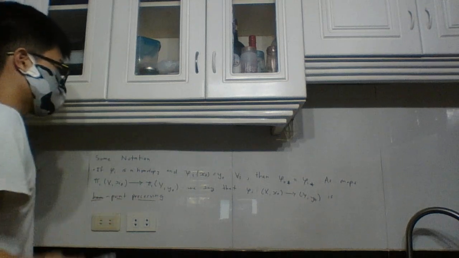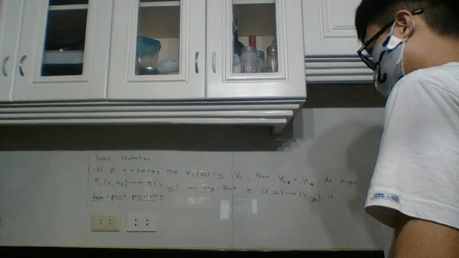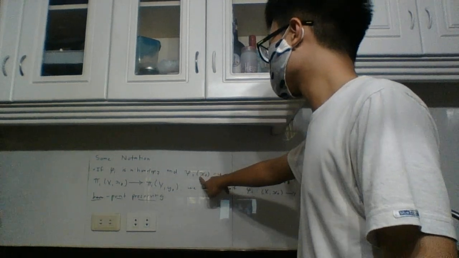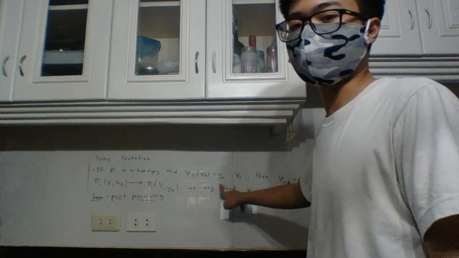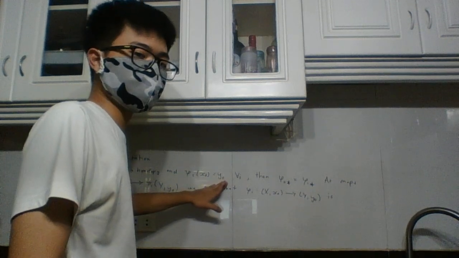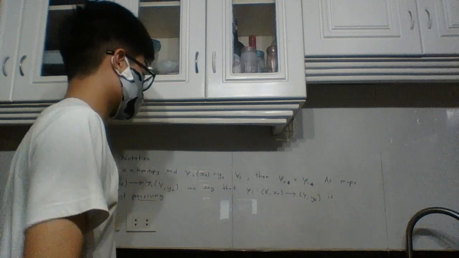And so the reason why we call it base point preserving is that we have one here that becomes the other base point. So I have a base point here in the first set X, and then under this homotopy, it is sent to y0, which is a base point in this set.